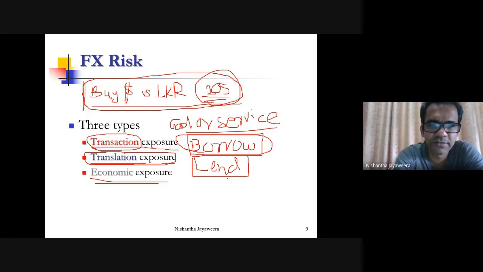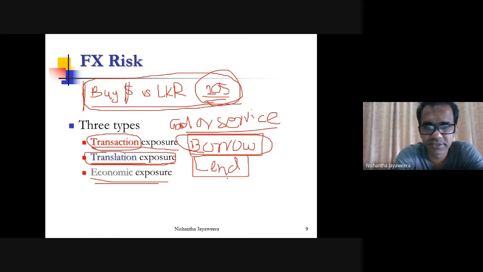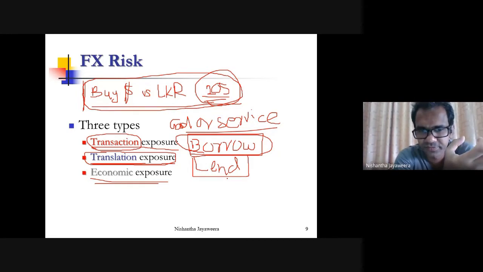Even though we don't have, we face this economic exposure indirectly, because when the exchange rate changes, maybe our cost of living or maybe there will be an impact on our businesses and things like that. So that is economic exposure.